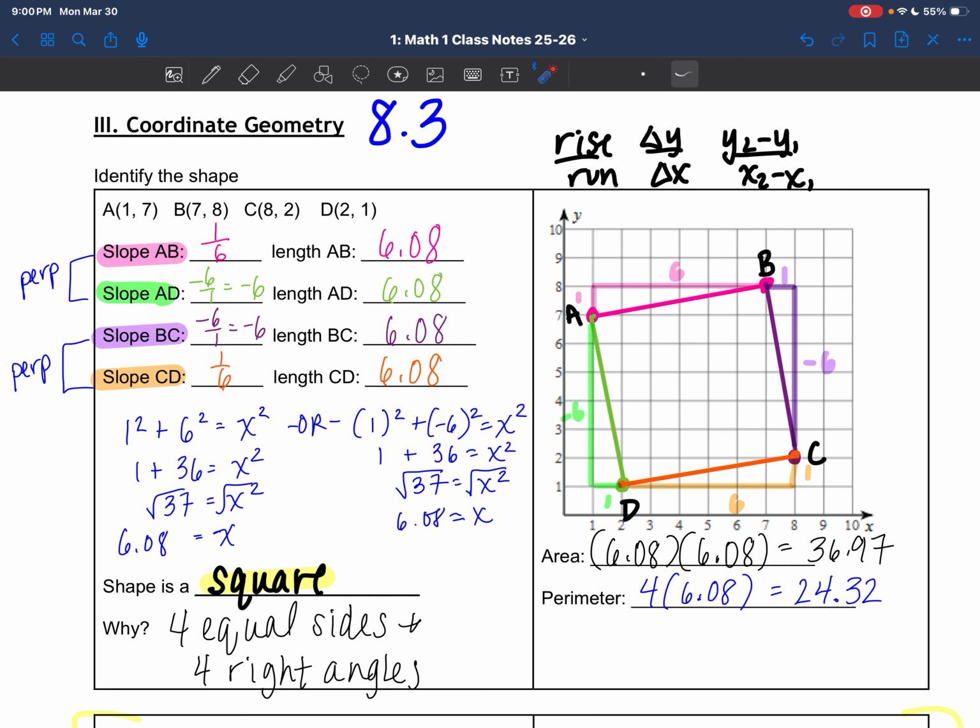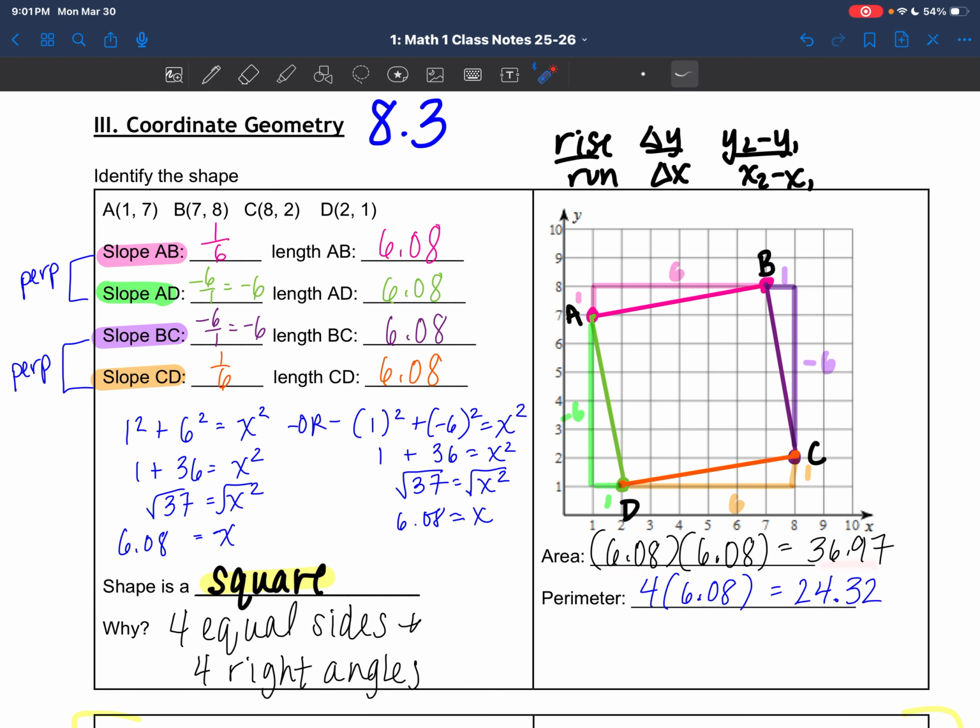All right, so now to find the area, you take your length times width. In this case, it doesn't matter which side you take, but you're going to take AB times AD, or you can take BC times DC. Either way, you're going to go 6.08 times 6.08, which is what I have down here.